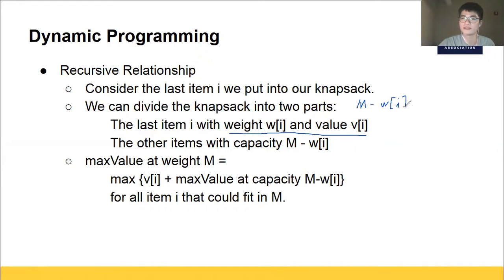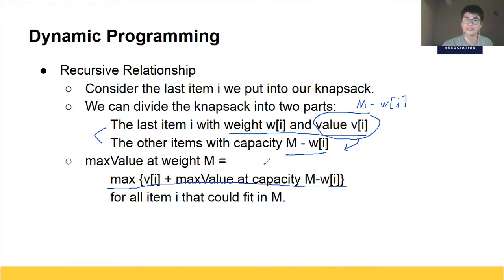At this point, what is the value we have in our knapsack? The value would be Vi plus whatever value these other items have. To maximize the value of a knapsack, we want to maximize the sum of these two, right? That's how we derive this formula. We are taking a maximum of Vi plus the max value at capacity m minus Wi.